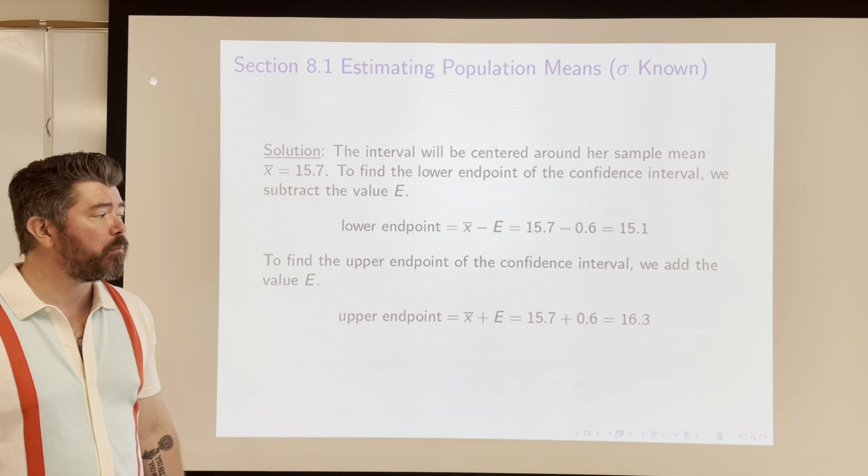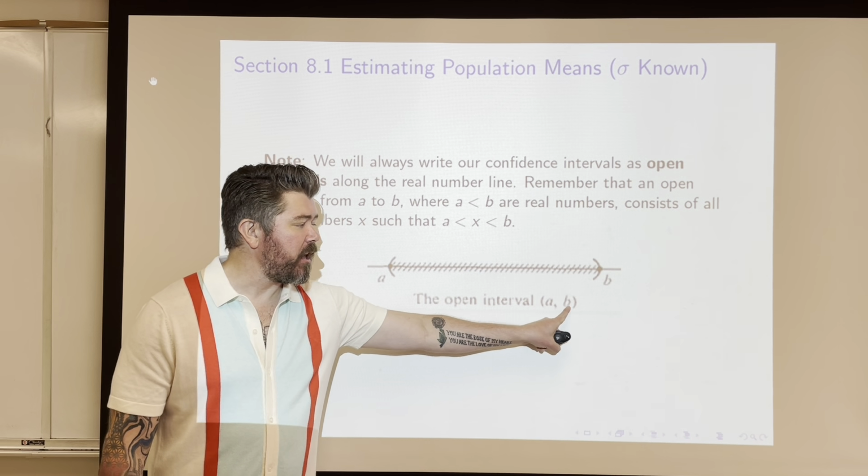So we have our number line, and we find the value A, and we find the value B on the number line, and the open interval, A to B, consists of all numbers between A and B. And we denote it as follows. The open interval, so we use open parentheses, A, comma, B.